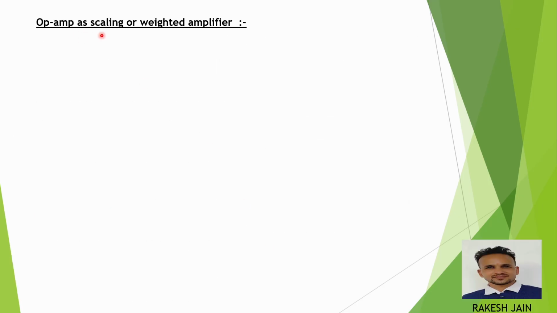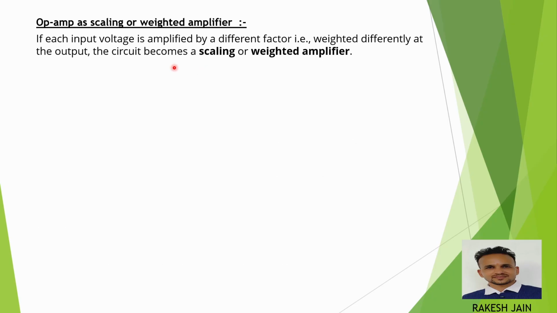Now, operational amplifier as a scalar or scaling or weighted amplifier. If each input voltage is amplified by a different factor, that is, weighted differently at the output, the circuit becomes a scaling or weighted amplifier. See the symbol of the operational amplifier, the same type of connections we are going to do.